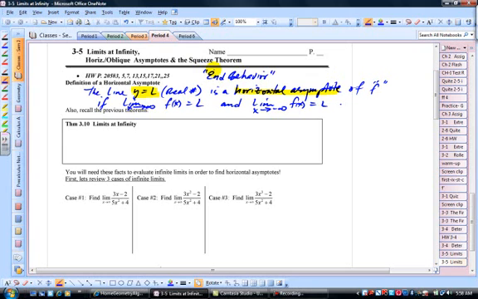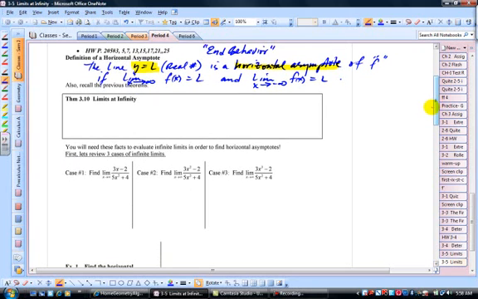Now, in order to evaluate limits to infinity, you need a previous theorem. So let me recall Theorem 3.10, and it's one that we need here in just a minute.